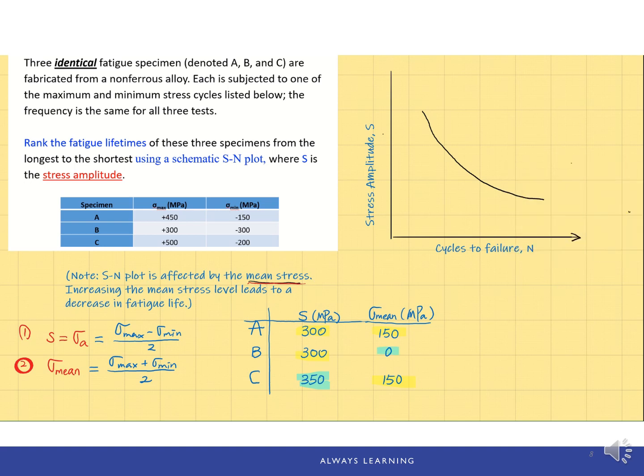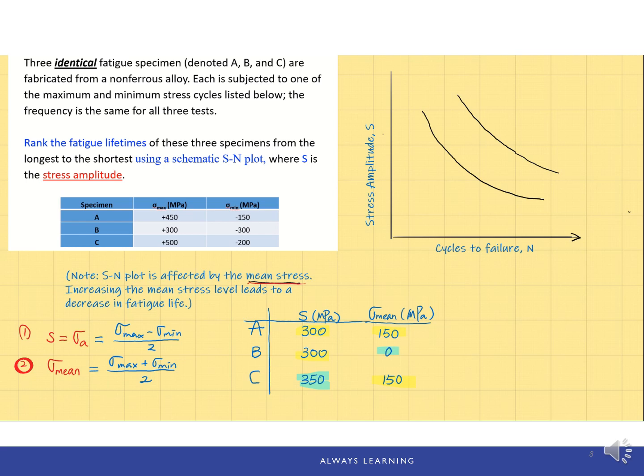We mentioned that the mean stress will change the location of the SN plot. The bigger the mean stress value, the lower the SN curve is located on the plot. Since we have two mean stress values, we will need two SN plots, one on the top and one on the bottom.